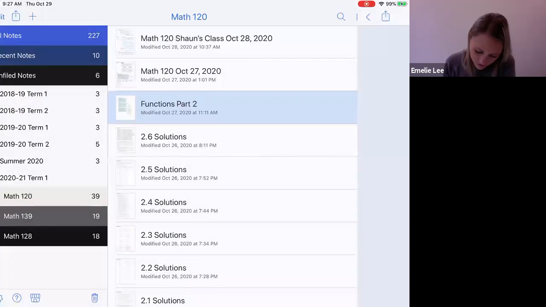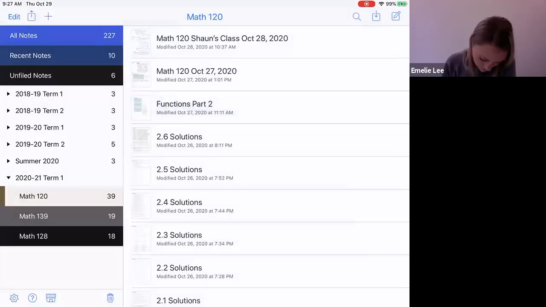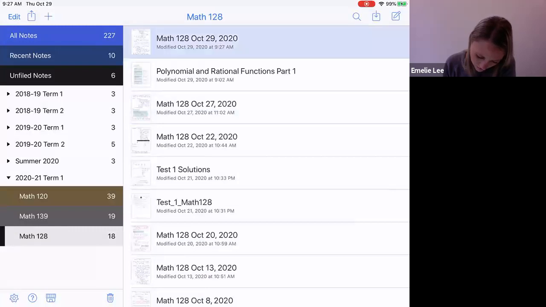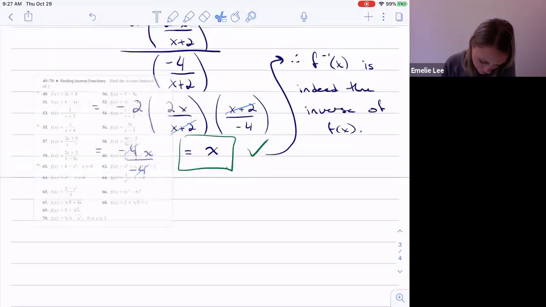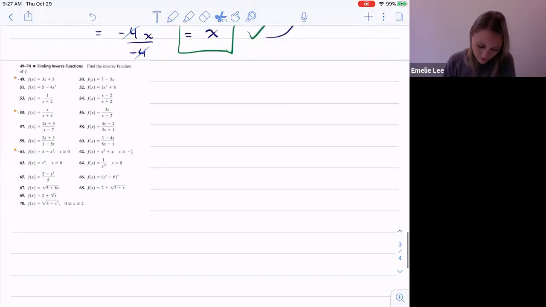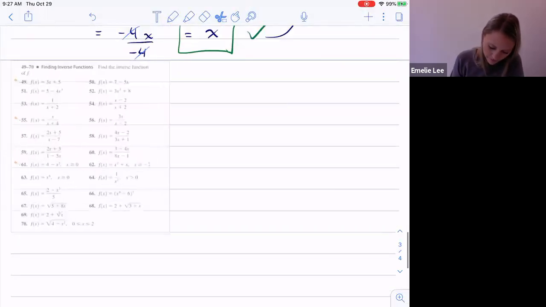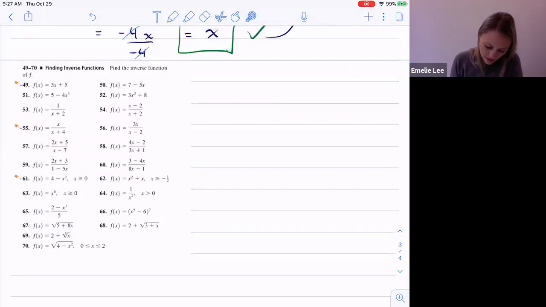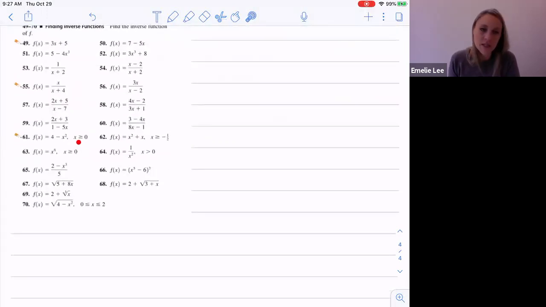So we've got a couple of options. Just as a heads up, some of these restrict the domain.